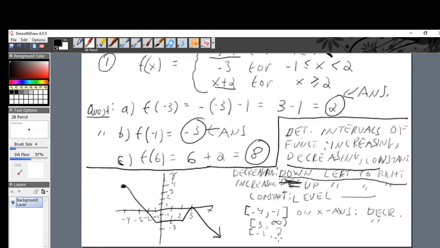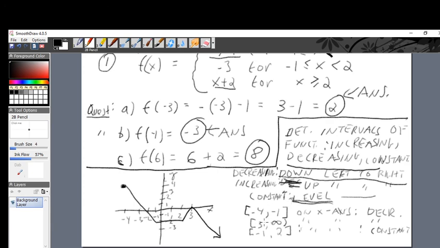Between -1 and 2 on the x-axis, it is constant. It's just level.